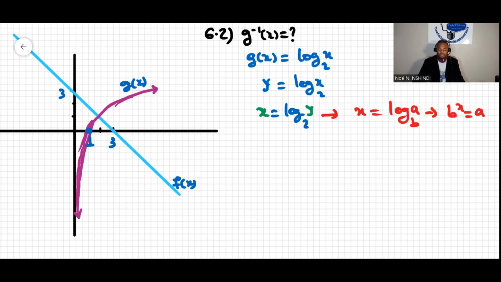So we apply the same thing here: 2 to the power of x equal to y.